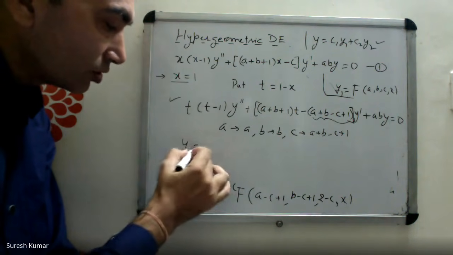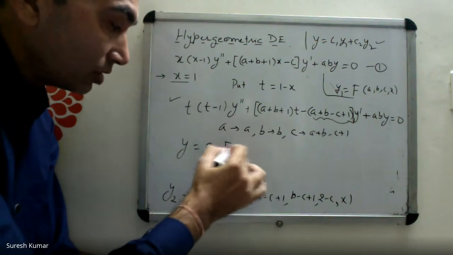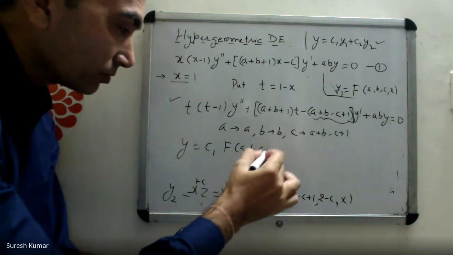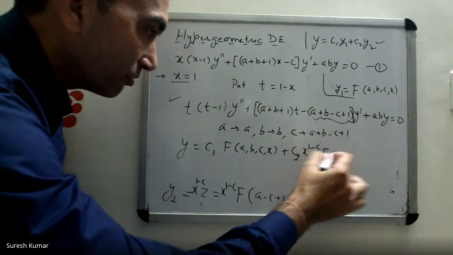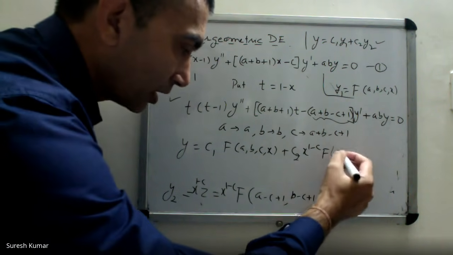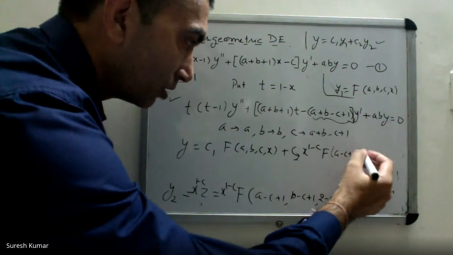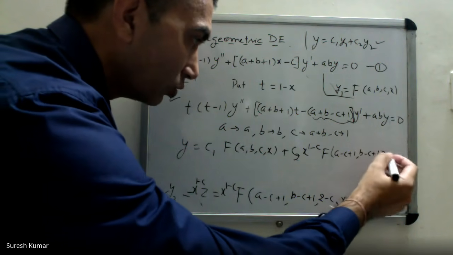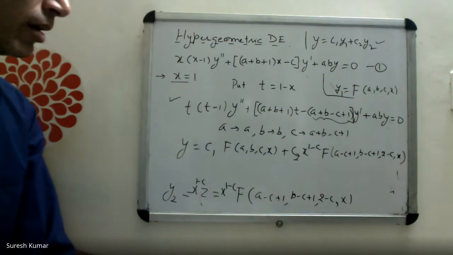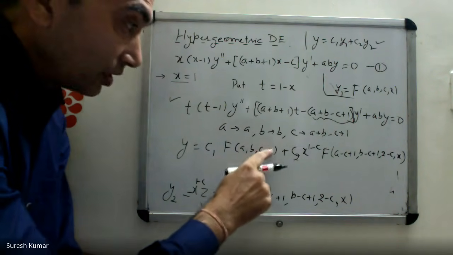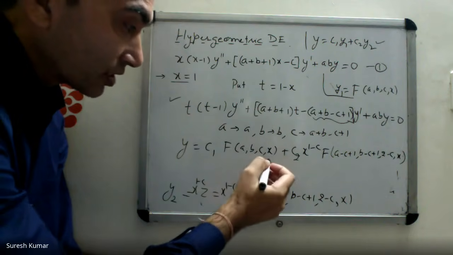Means what's the general solution? C1 F(a, b, c; x) plus C2 x power 1 minus c F(a minus c plus 1, b minus c plus 1, 2 minus c; x). But remember that here, what is your x?